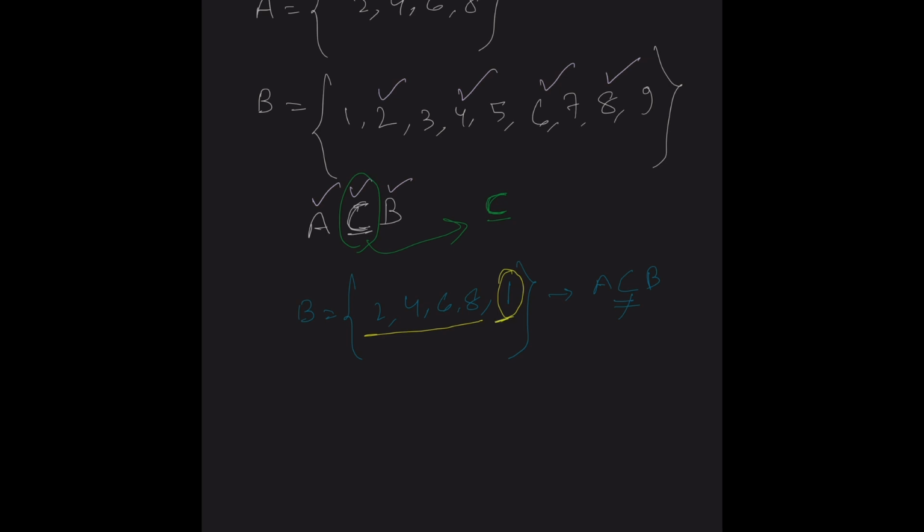The number of elements that B has, which do not belong to A, can be more than one, but at least one has to be there. Then we can say that A is a real subset of B.